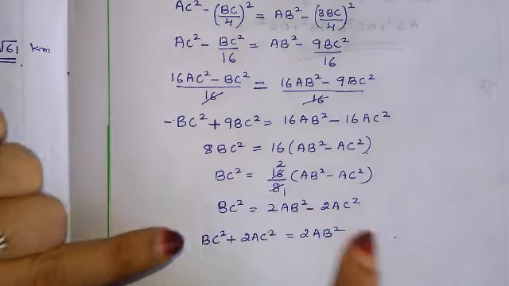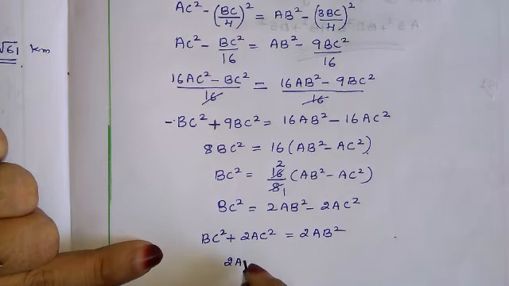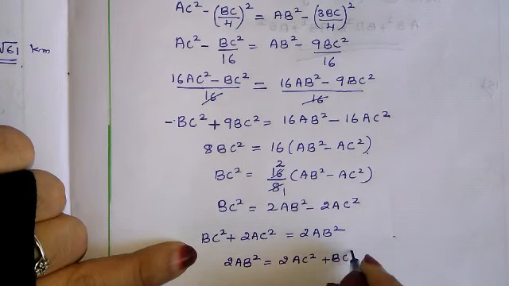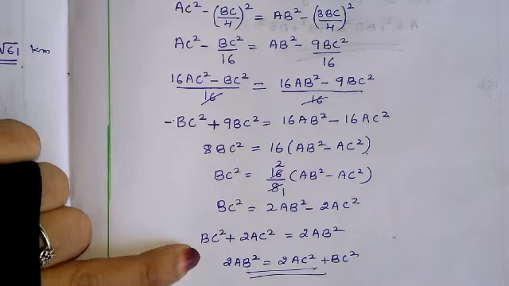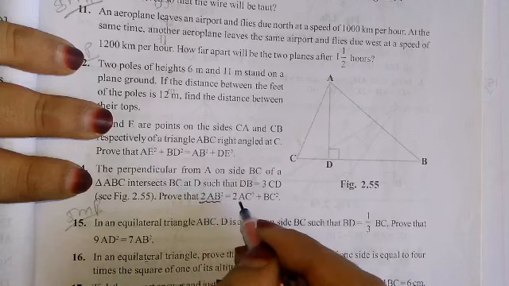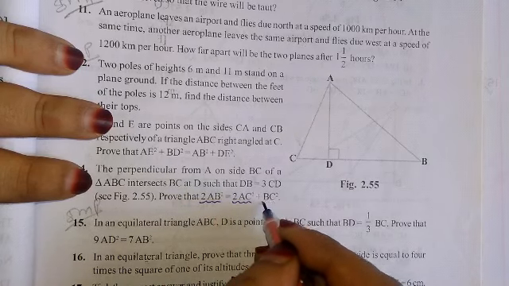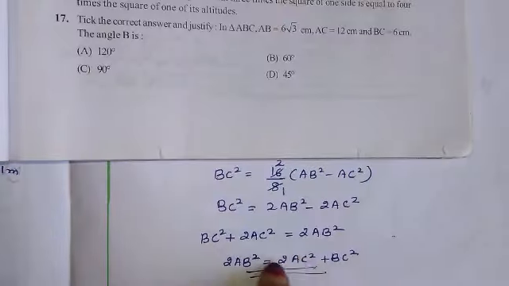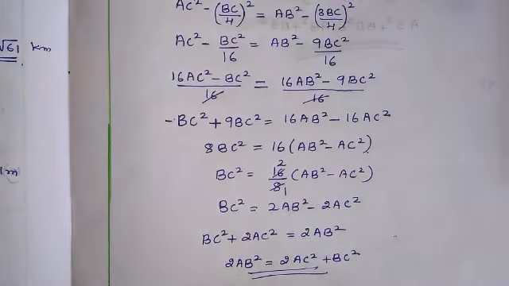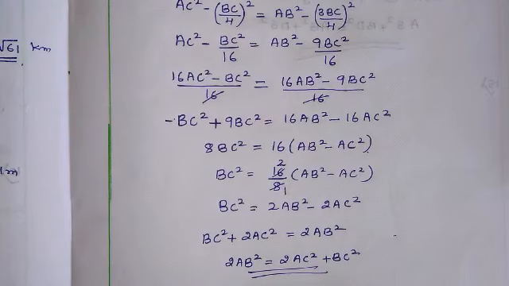But let us arrange properly. 2AB square is equal to 2AC square plus BC square. These they have told to prove. I'll show you one more time in the book. They have told, see here, 2AB square is equals to 2AC square plus BC square. We also got the same answer. This is a very important question. So clearly I have solved the 14th problem.